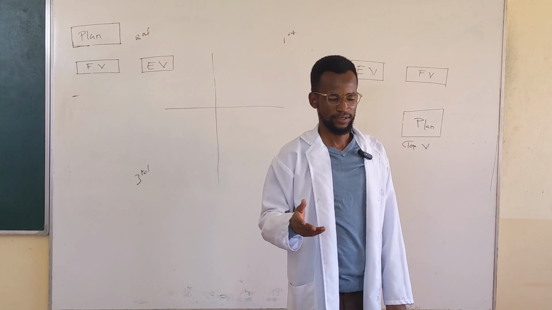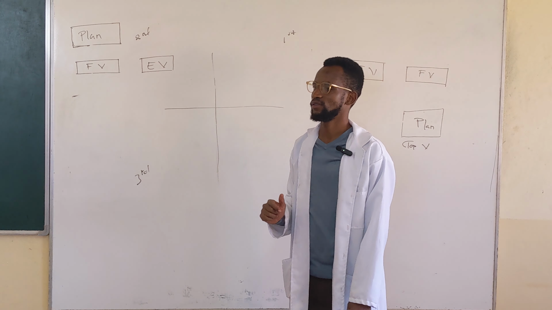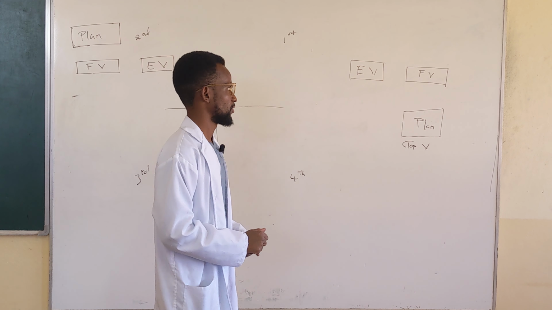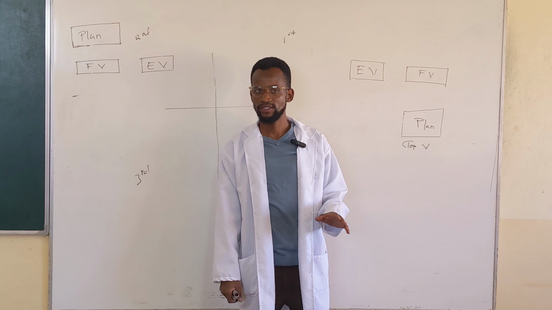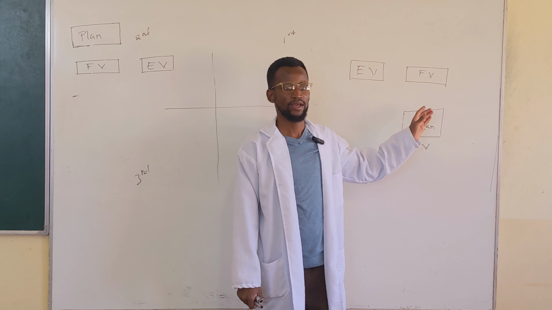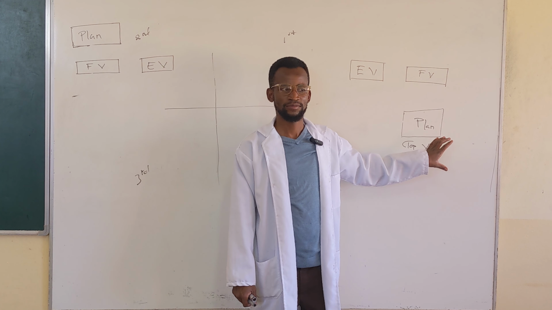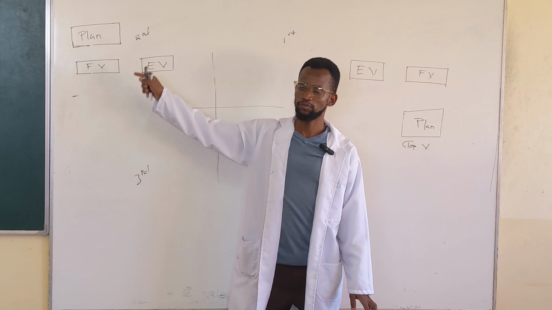So basically, if you can't get it from this analogy here, just know that whenever you are writing first angle orthographic views, the plan should be at the bottom, and in third angle, the plan should be on top.